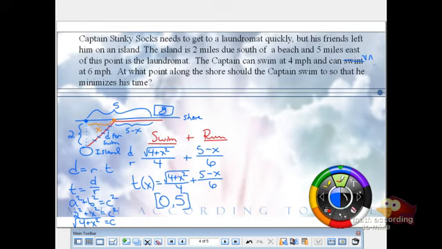Okay, here we go. We can make it a lot prettier. Dividing by 4 is the same thing as multiplying by 1/4. And dividing by 6 is the same thing. Well, actually, you can break this up into 2 fractions, namely 5/6 and minus 1/6 x.